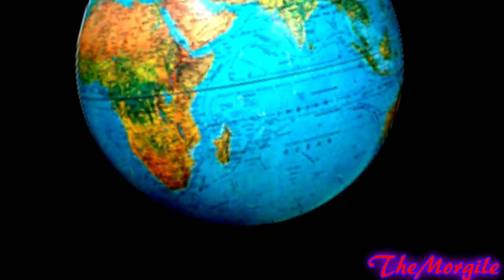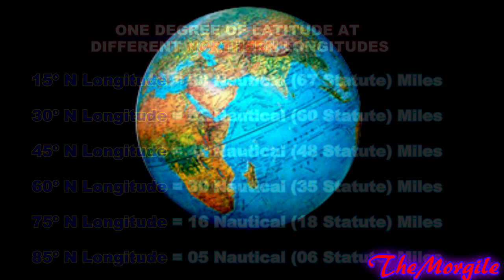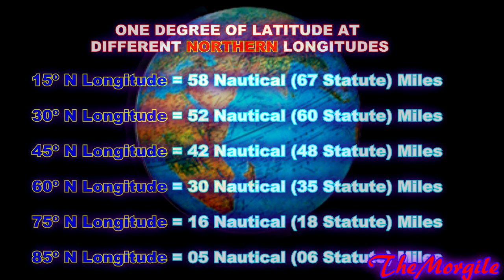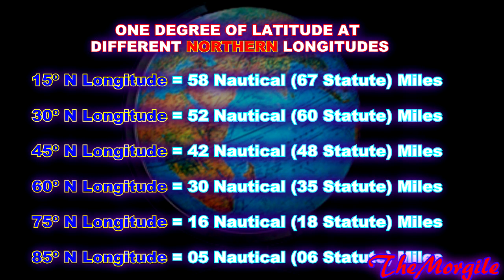So, for example, from the 15-degree north longitude, we know that 1 degree of latitude is 58 nautical miles or 67 statute miles, and that is by direct measurement.